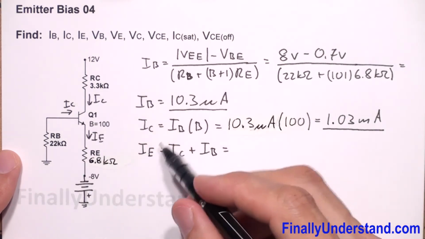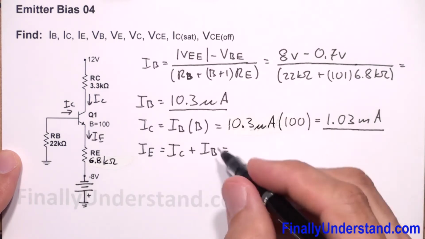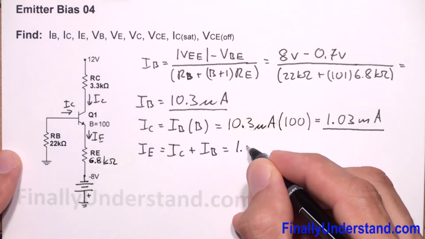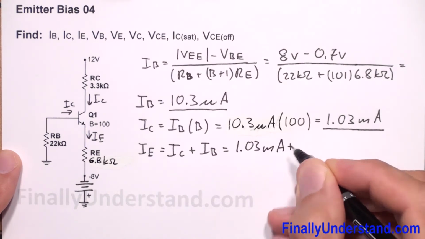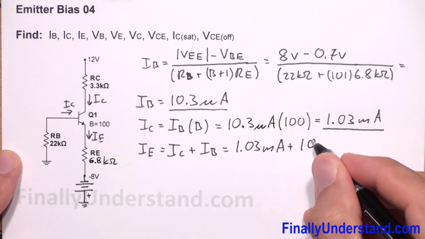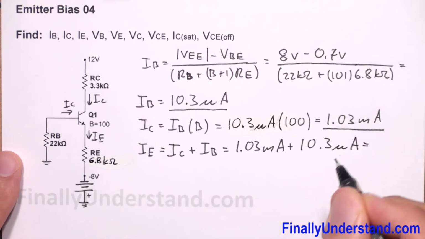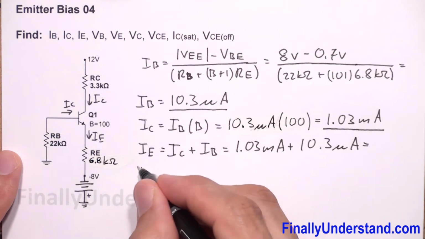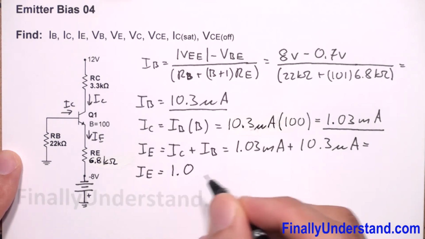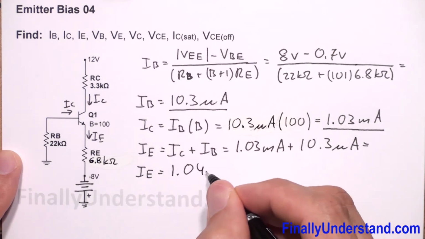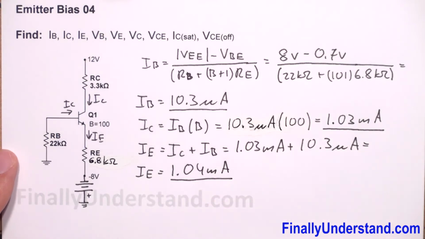So that's why I say IE is equal to IC plus IB, and my IC is 1.03 milliamps plus IB 10.3 microamps, and this is equal to 1.04 milliamps. This is my current IE.